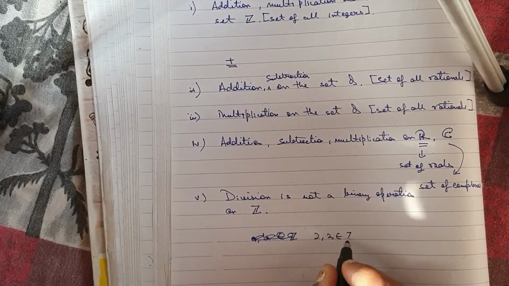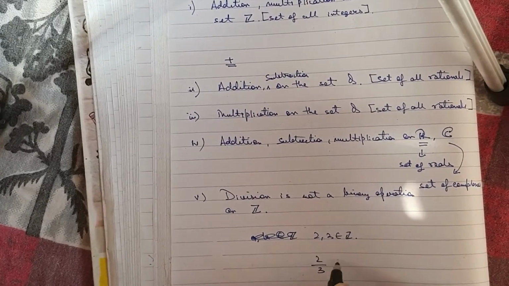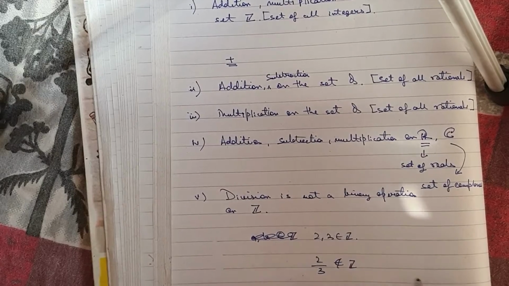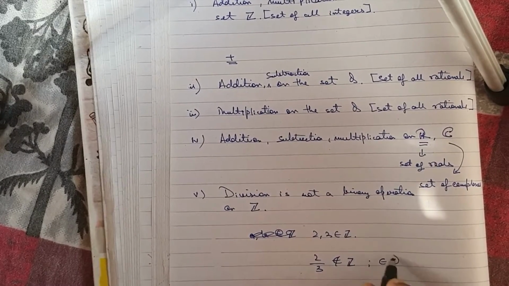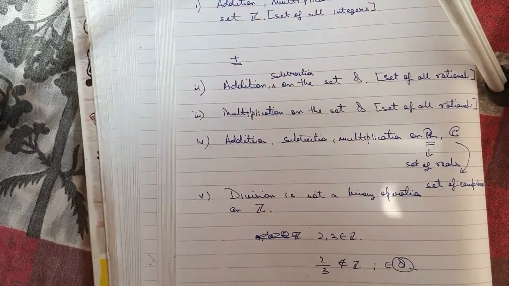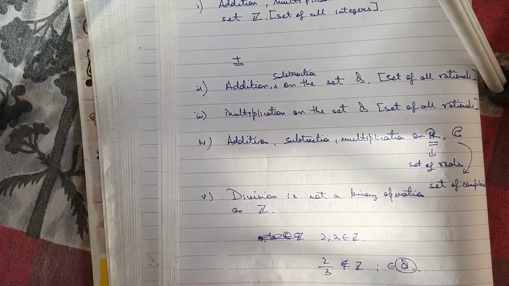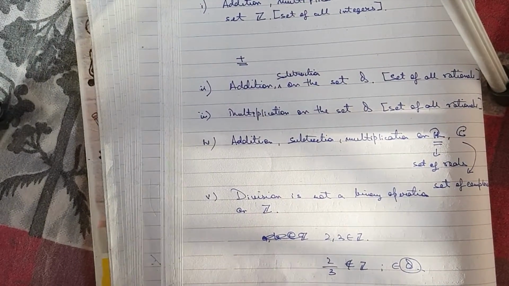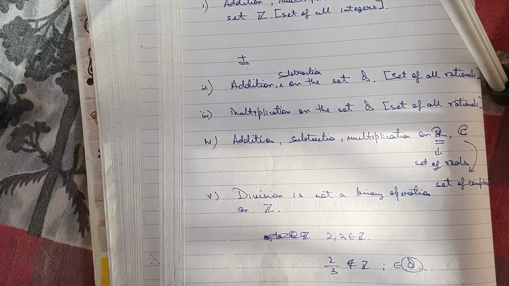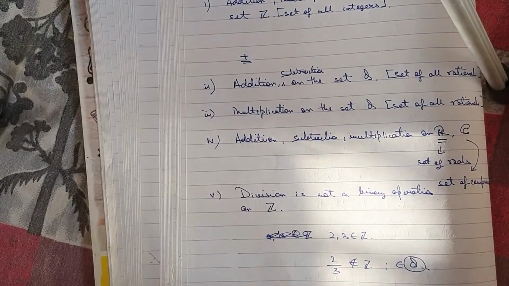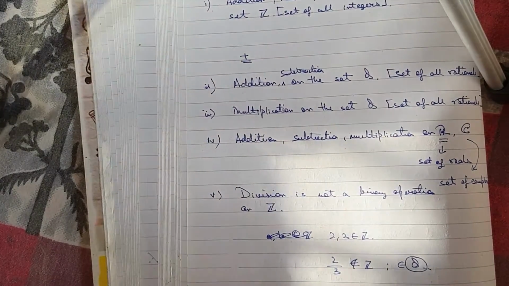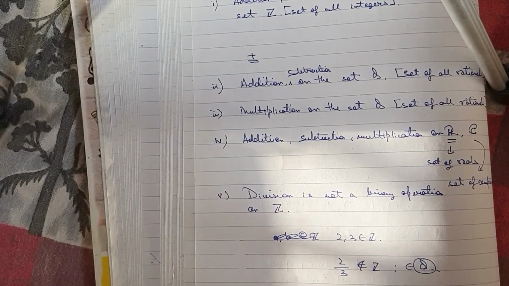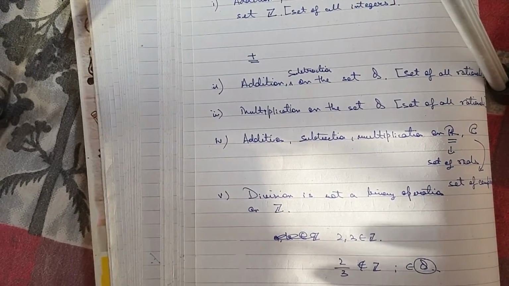Suppose 2, 3 belong to Z, we know this. But 2 by 3 doesn't belong to Z. 2 by 3 belongs to rationals, right? तो ये क्लोजर प्रॉपर्टी मेंटेन नहीं हो यहाँ पे. Got it right? Example समझ में आ गया? So this is why division is not a binary operation on Z.